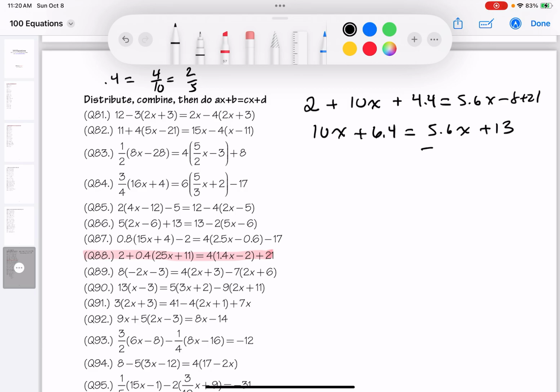I'm going to take 5.6x from both sides. Yeah, I'm writing it down. And I'm going to take 6.4 from both sides. What do you get there? Well, you can get 4.4x. And then what are you going to get? Well, let's see. You get 3.6, I'm sorry. 3.6 plus 3, 6.6.